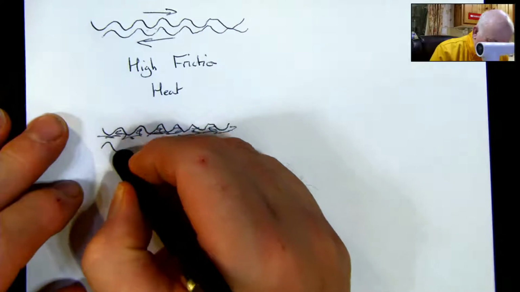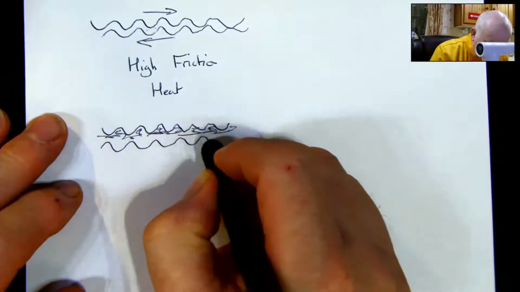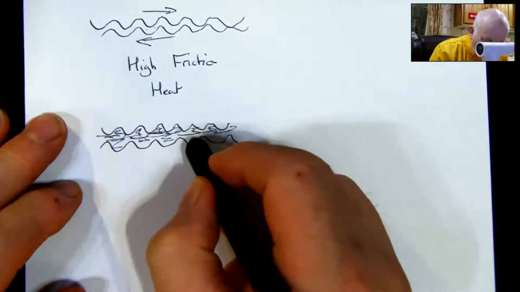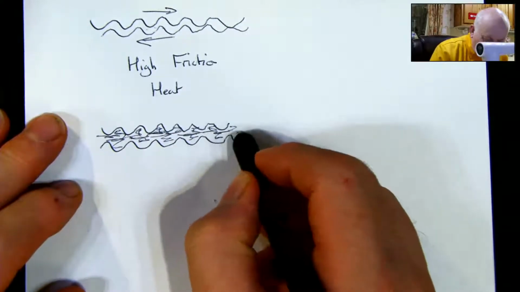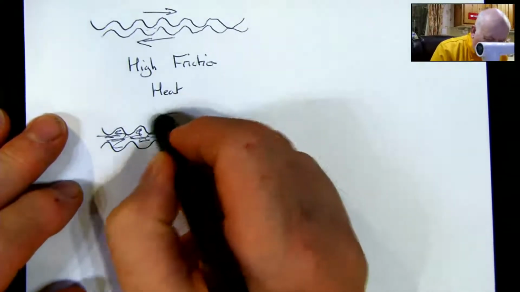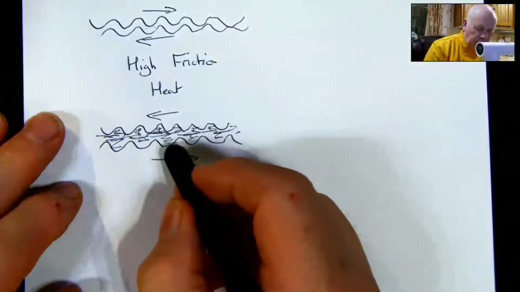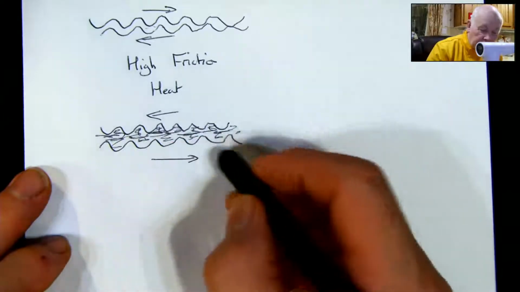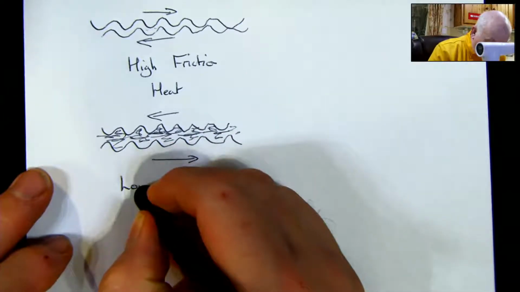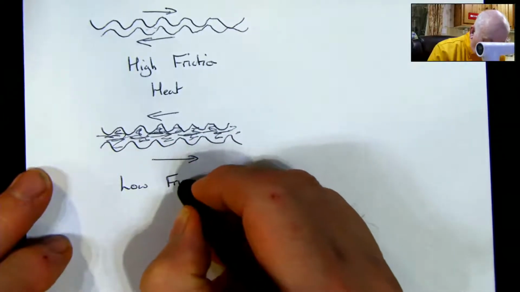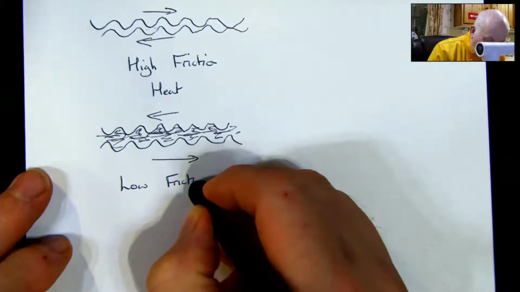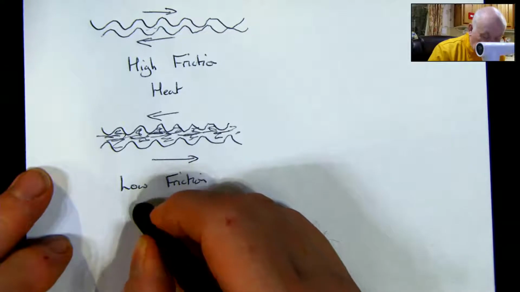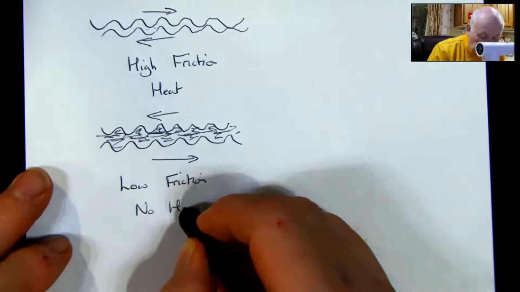And if I look at the other surface, that too is filled in with a liquid. And as they move over one another, the liquid allows them to glide easily. So now there is a low amount of friction and, of course, no heat.